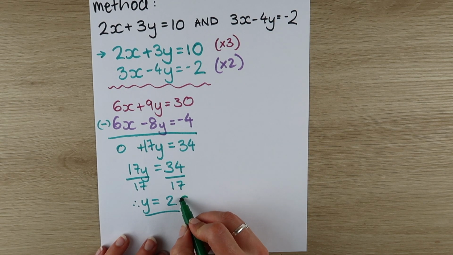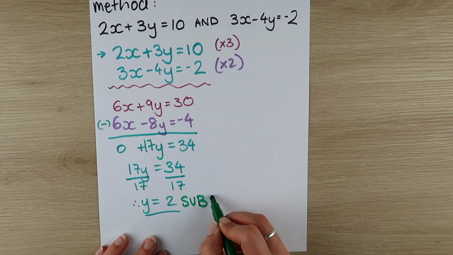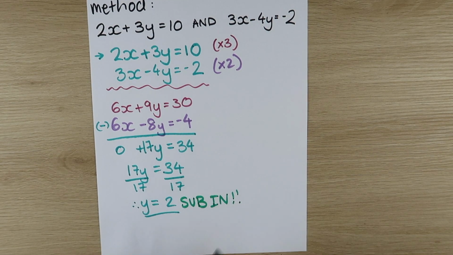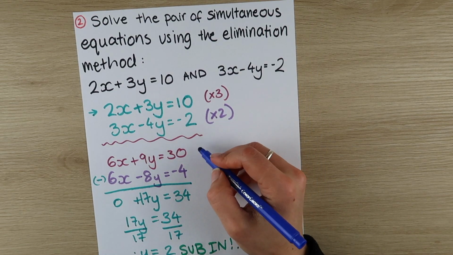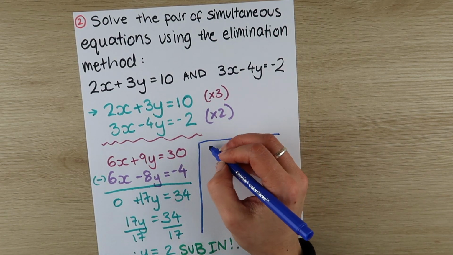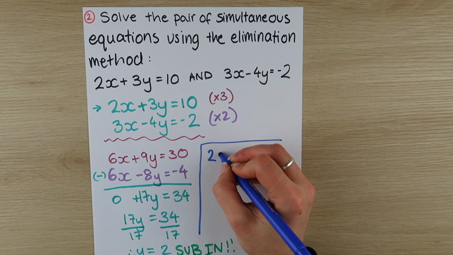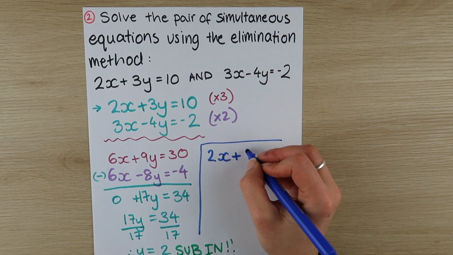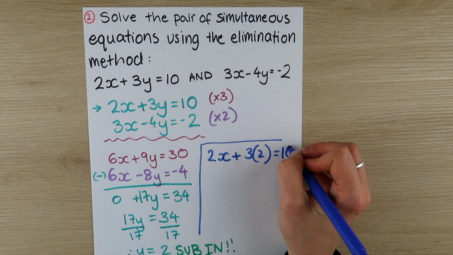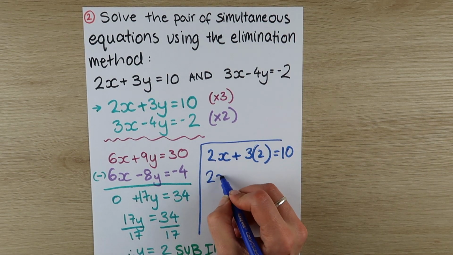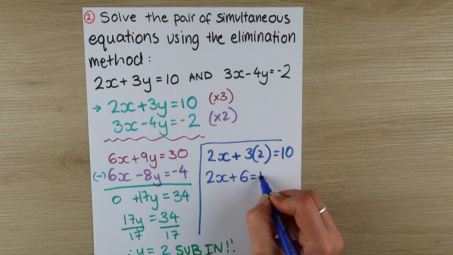The final step is to sub this back in. I'm going to sub this into my first equation. 2x plus 3 times 2 is equal to 10. 2x plus 6 is equal to 10.